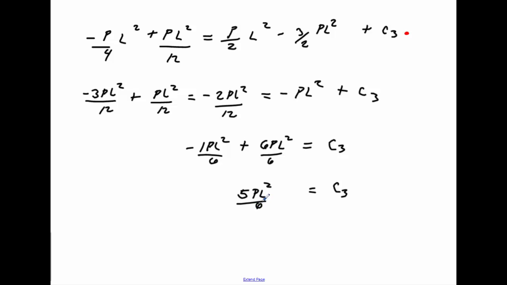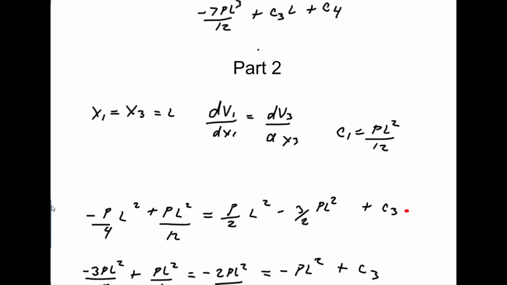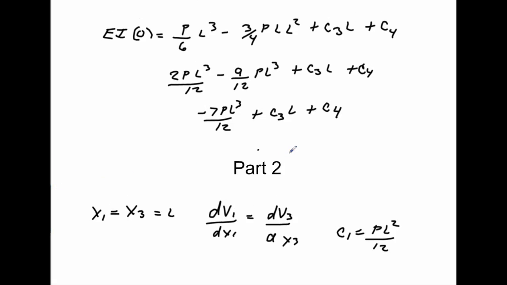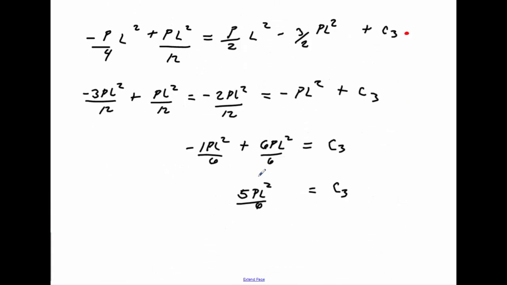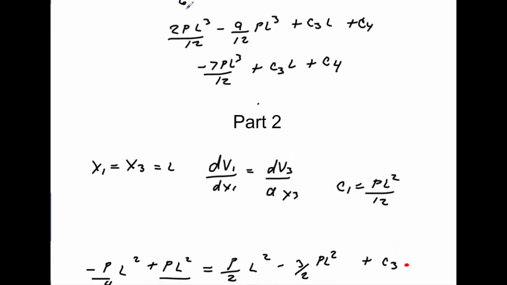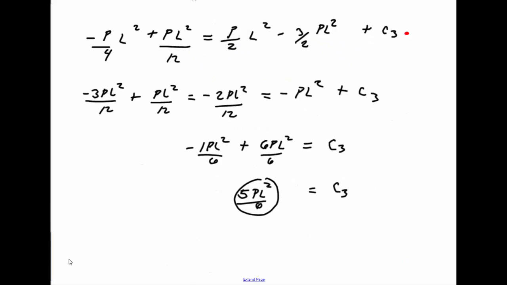Okay, so now we know that. Let's see if there's anything else here we could solve for. Now that we know, actually we probably can. Let's look and see what we had here. Yeah, we can go back up to this equation. Now that we know C3, let's bring what we had here and we'll solve for another one.